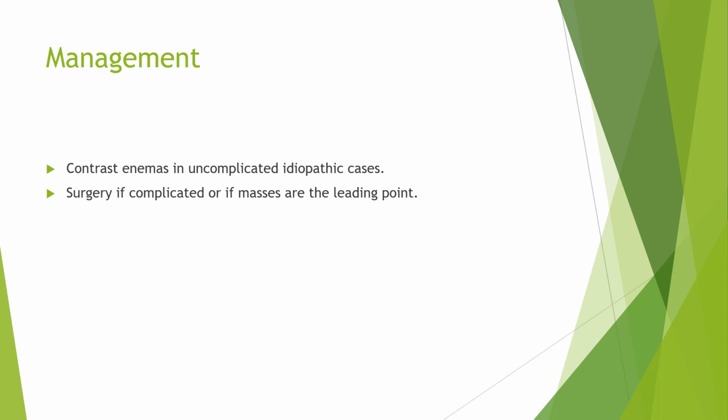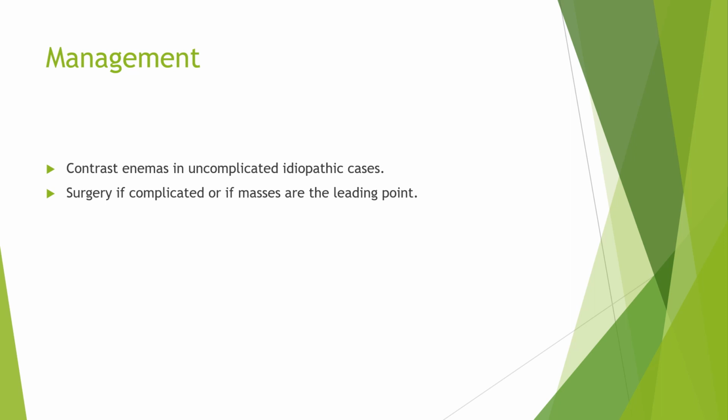Now, regarding the management of intussusception, it depends on the degree or the stage of the disease. If it is early and still not going into infarction, these are called uncomplicated cases, we can use contrast enema.